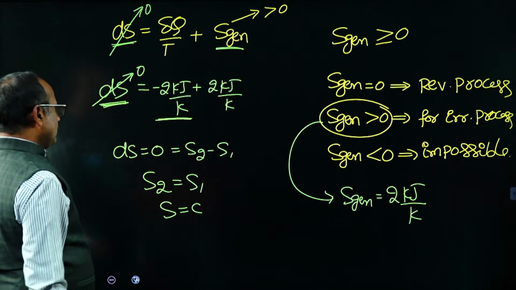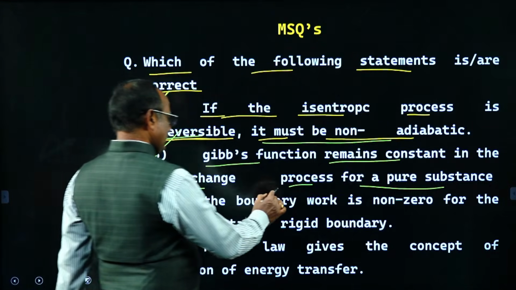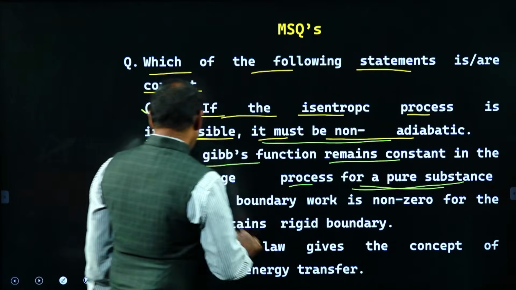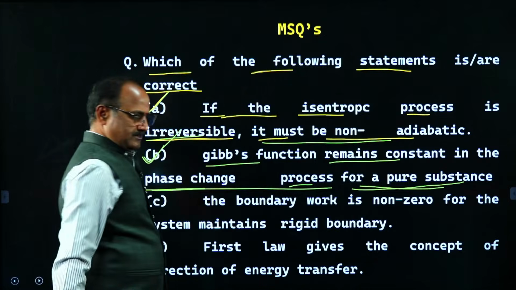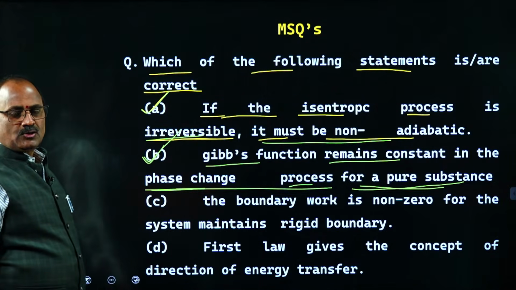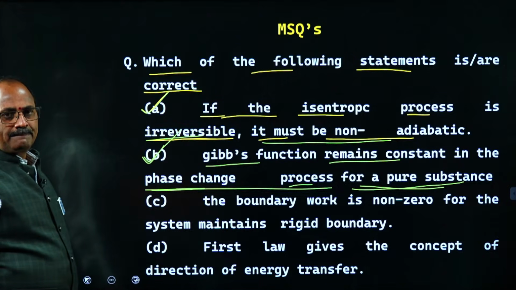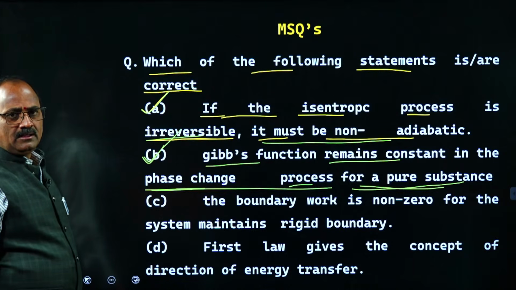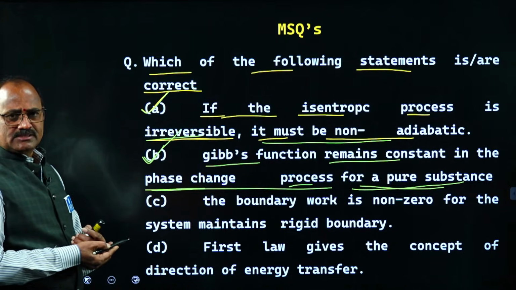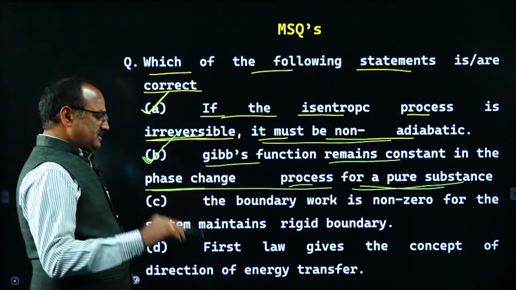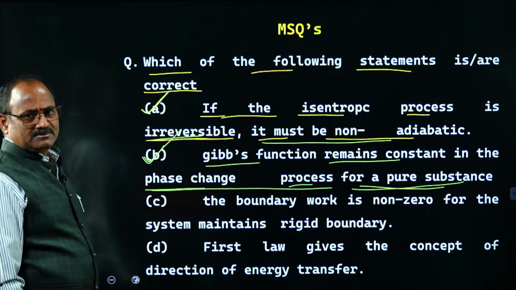It is asking about the phase change process for a pure substance. Phase change processes like vaporization, freezing, melting, fusion, these are all phase change processes. All the phase change processes are treated as reversible processes.